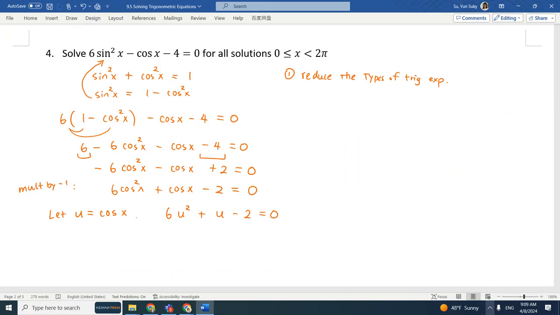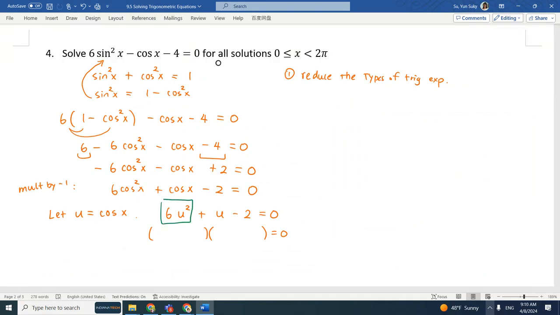It's a quadratic equation. So to find the u, two methods: either factoring or the quadratic formula. Let's practice factoring. Okay? How do you factor? You put 2 pairs of parentheses. And you look at the leading term.